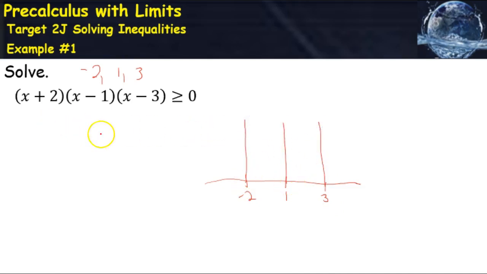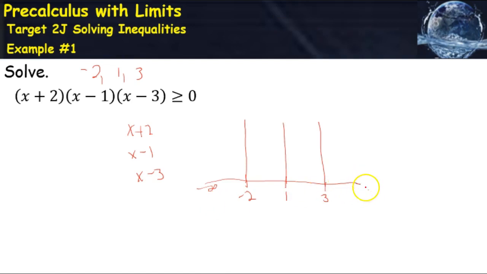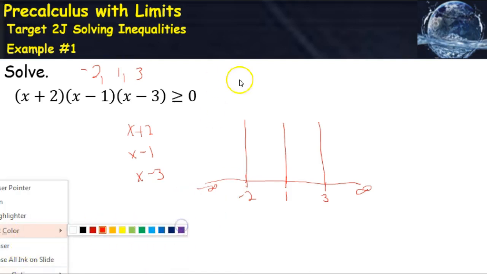Okay, and then I need to put these factors over here, x plus 2, x minus 1, and x minus 3. So I'm going to look at intervals here, and I'm going to pick something that comes before -2. This side is -infinity, and this side tends towards infinity. But something smaller than -2, like -3.